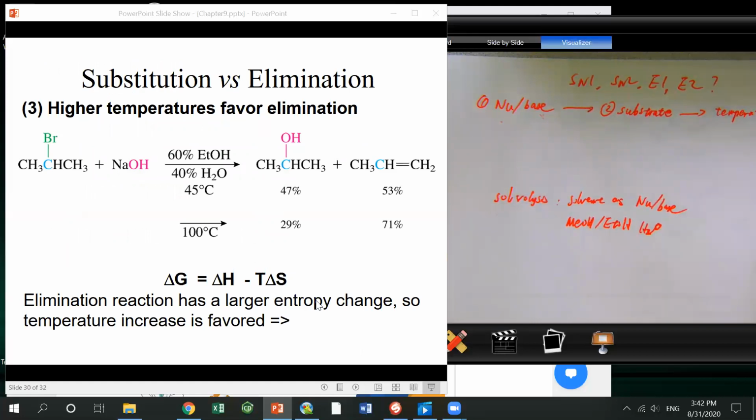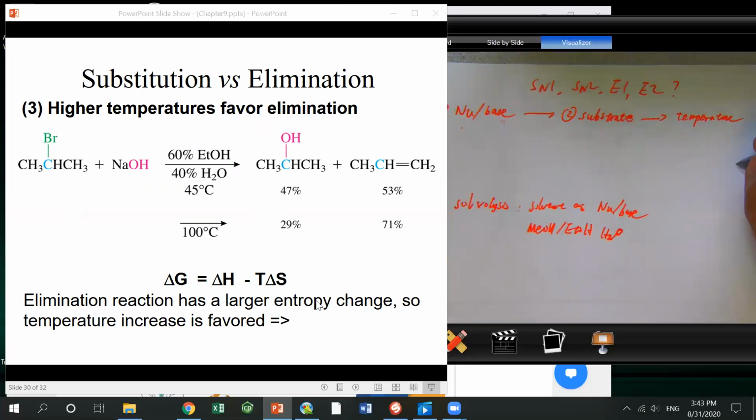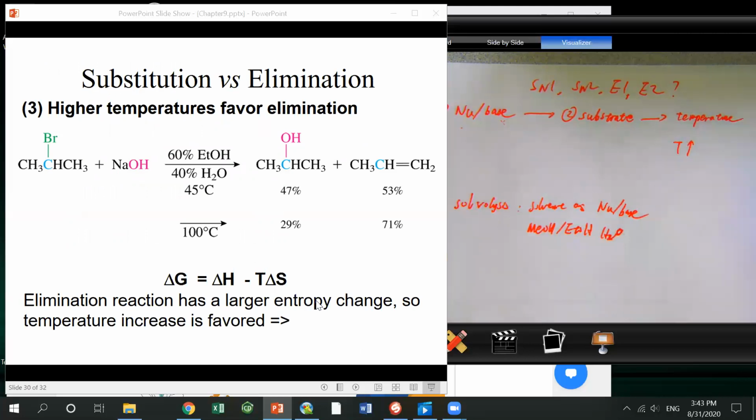Normally speaking, if you have a higher temperature, we prefer elimination reactions, so E1 and E2 will become favored.